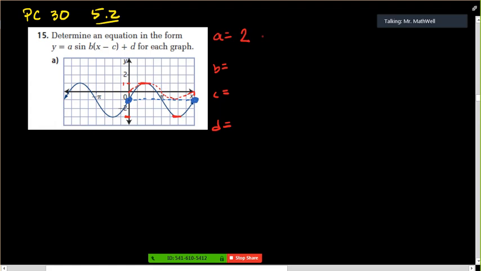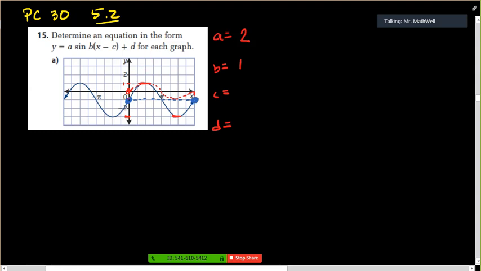Now B, remember, was the horizontal stretch or compression. It appears that there is no horizontal stretch or compression. The beginning to the end is still a 2 pi period, so B appears to be 1. Now C: a normal sine graph near the origin would start at 0, 0. Does it look like we've shifted either way?